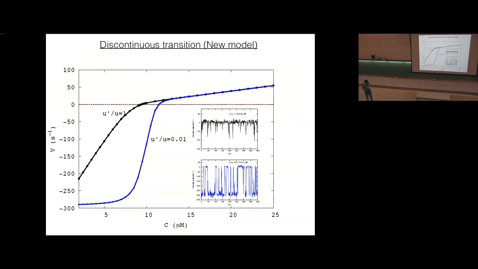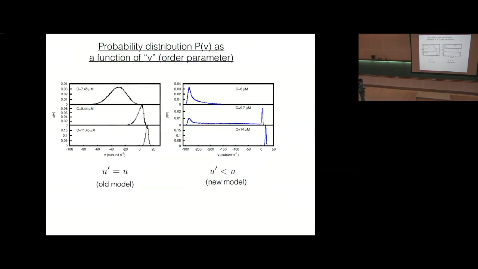If you take all these data and draw out simple statistics, you find this probability distribution in the old case is a unimodal curve at a positive velocity, which slowly shifts through 0 to negative velocity as the concentration reduces. But in the new model, you start with positive velocity. As you lower the concentration, at some point you have bimodality, and then you jump to the negative one.